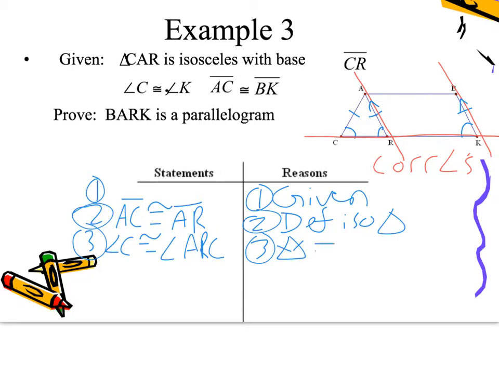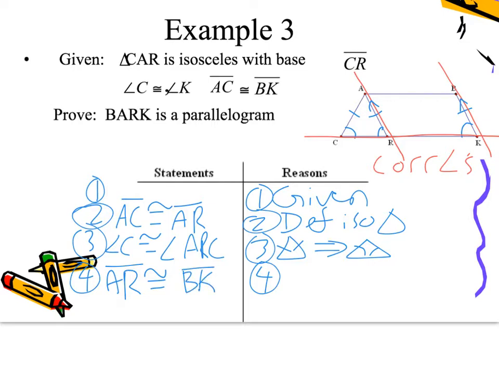If sides, then angles. And the reason why I'm doing those two back to back is so that I can save myself a little step here, and I can say that AR is congruent to BK, and I also have angle ARC is congruent to angle K, and that's both by transitive property.